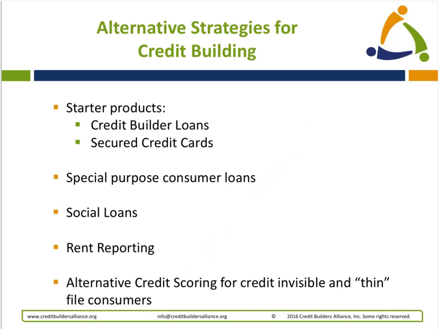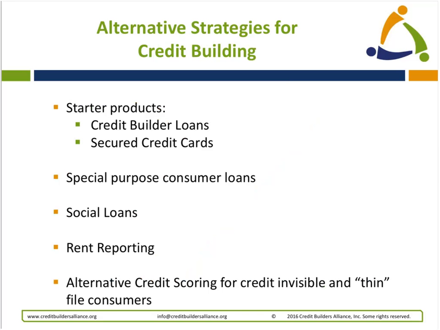So the good news is that building credit is really no longer limited to the loans and credit cards that are only available through traditional financial institutions. Lenders across the country, both small and large, are really now innovating to create products designed for and available to communities who have been traditionally underserved. These types of alternative products and strategies include starter products like credit builder loans, which we'll discuss in a moment, and secured credit cards.